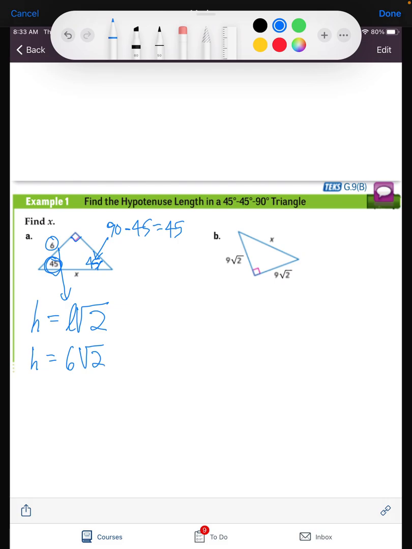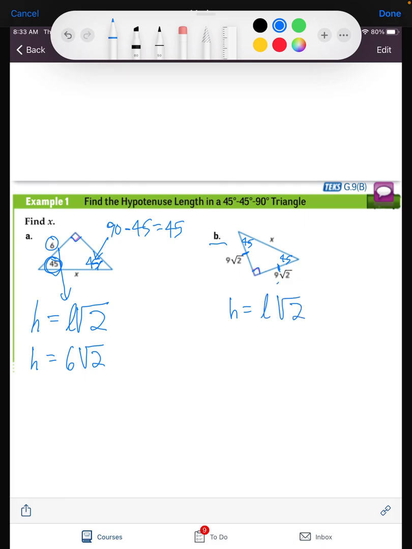Next, we'll do problem B. We have our legs, our equal sides here, 9 square root of 2. If they're equal sides, and we know we have a 90 degree angle, then these two angles must be 45, just like the last triangle we discussed. So we'll use the same equation, h equals L square root of 2.